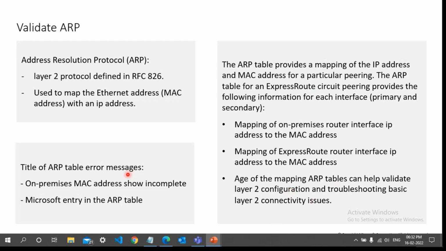You can also attach ARP with ExpressRoute so that no such confusion happens whenever your packet enters your virtual network in Azure or even your physical network on-premises. So you can map an ARP table which will have a mapping of IP addresses and MAC addresses.